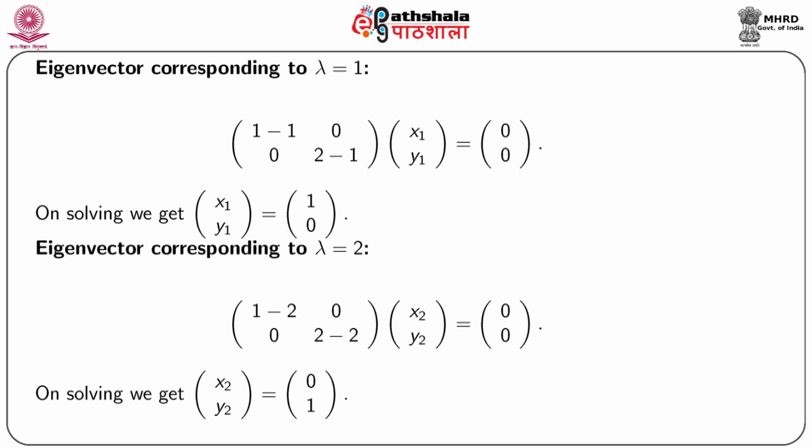So, from the first equation, minus x2 equal to 0 implies x2 is equal to 0, and hence x2 will always be equal to 0 and we cannot conclude anything about y2. So, we take any arbitrary value of y2. In this case, we have chosen y2 equal to 1, you could have chosen any value.